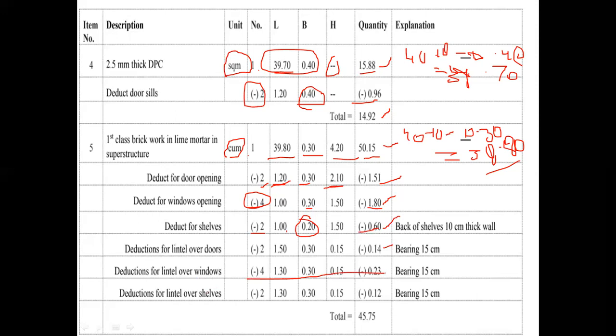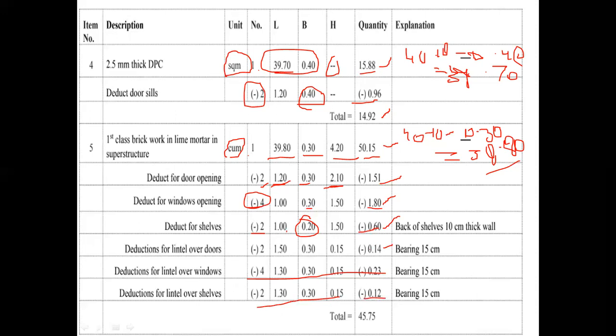Next, deduction for lintels over the shelves, 2 into 1.3 into 0.3 and bearing 0.15, that equals 0.15.